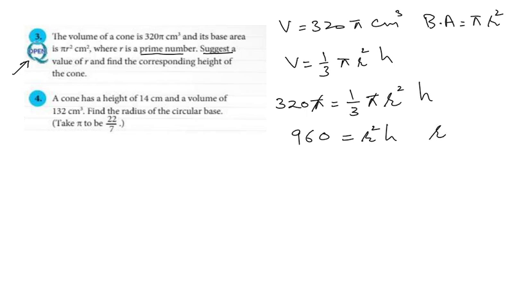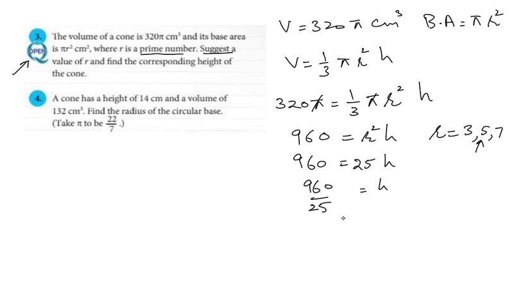Let's say that r is equal to any prime number, and it may be 3, it may be 5, it may be 7. I would suggest that you take a value which may divide this 960 easily. So we will take r to be equal to 5. So 960 equals 25, that is 5 squared, multiplied by h, and h is equal to 960 divided by 25.